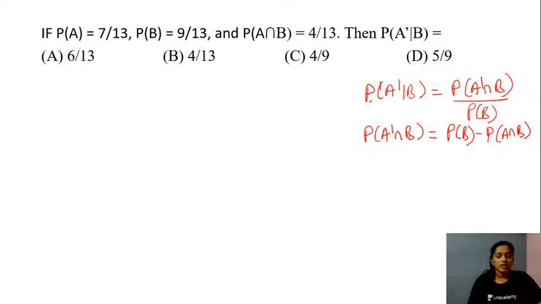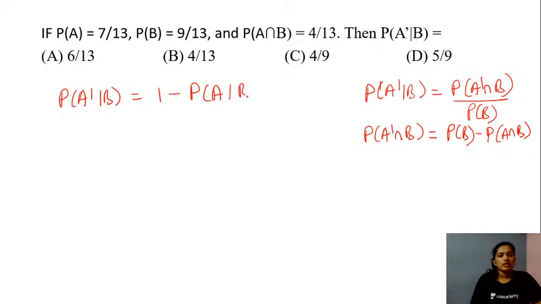Otherwise, we have the relation between probability of your event A complement given B and the probability of your event A given your event B. Am I correct? Probability of your event A complement given your event B will be equal to 1 minus probability of your event A given your event B. So let's substitute the values here.